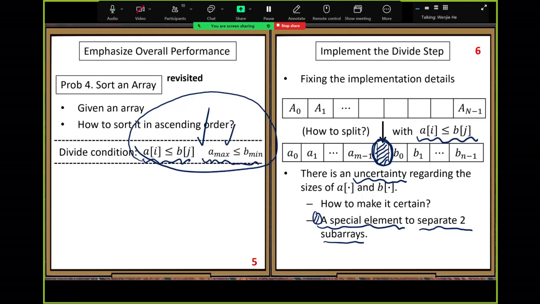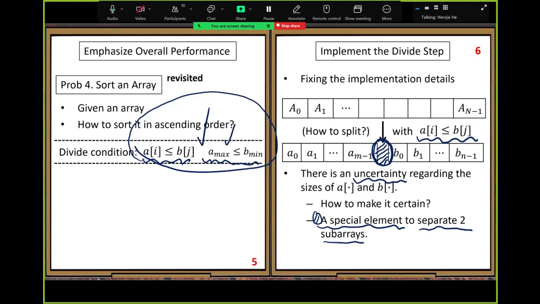Why? Because at that time, when we do the swap operations, those two subarrays are unknown. Uncertain. At that time, we don't know what exactly those two subarrays are. Nobody knows that. Okay? Only when we finish the partitioning step, then we know those two subarrays.